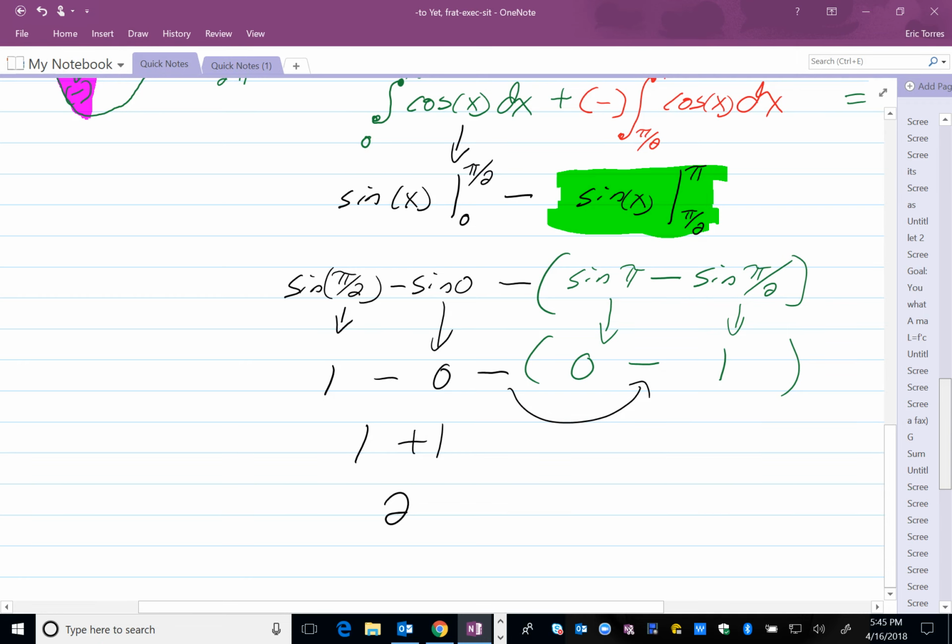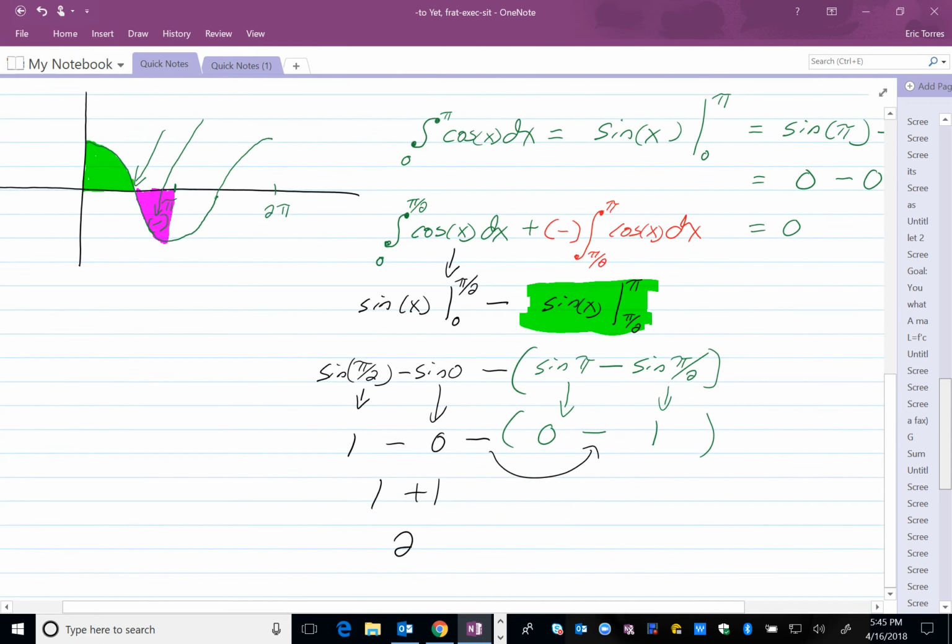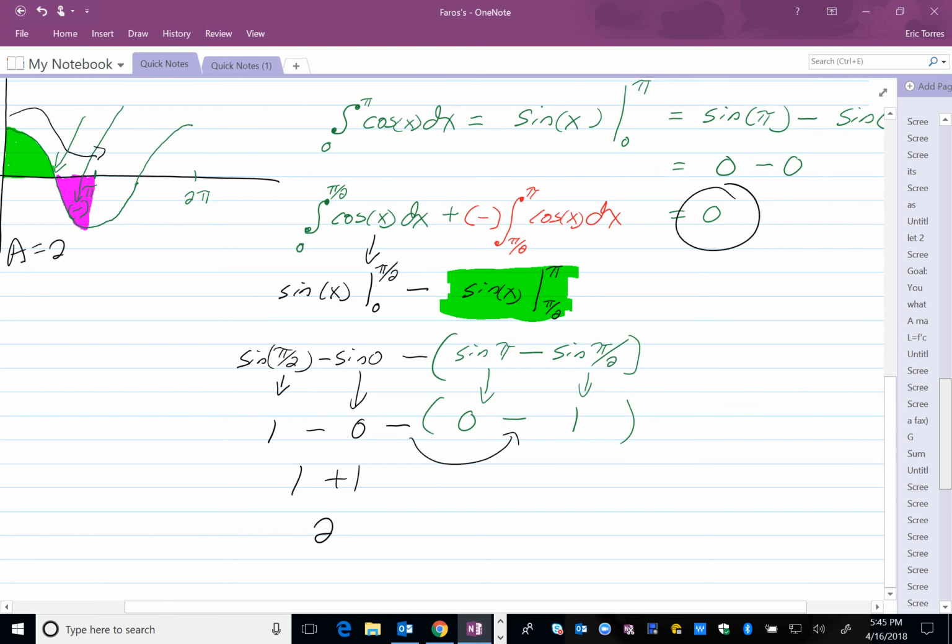So the total shaded area is 2, but the net accumulation of everything is 0. So be careful whether you're accumulating the functions or you're looking specifically for area, and that's a big distinction.